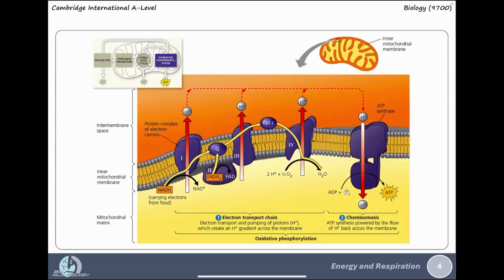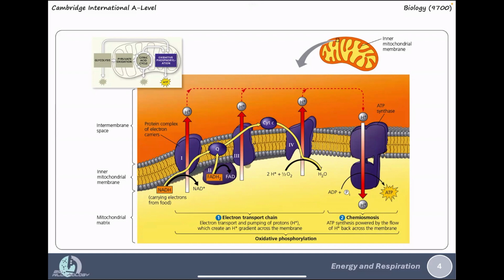This diagram shows the overall process of oxidative phosphorylation. The entire process involves two main stages. The first stage is known as the electron transport chain, and the second stage is known as chemiosmosis.